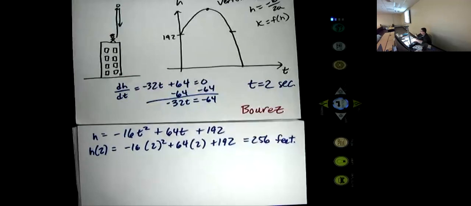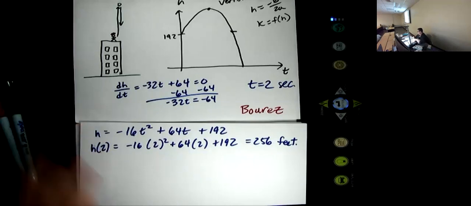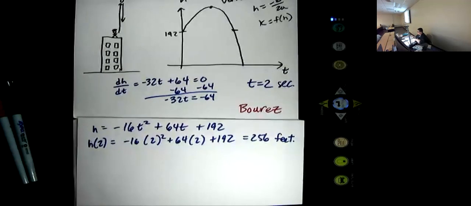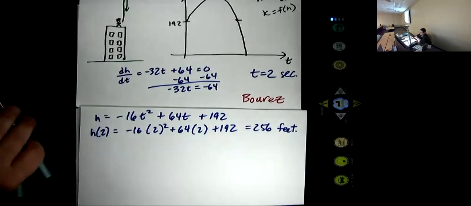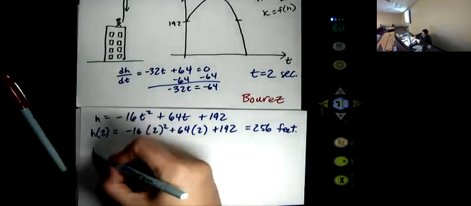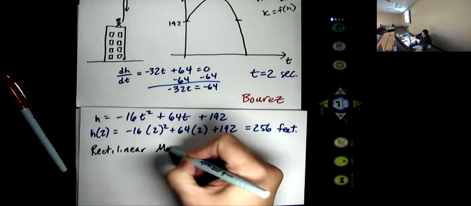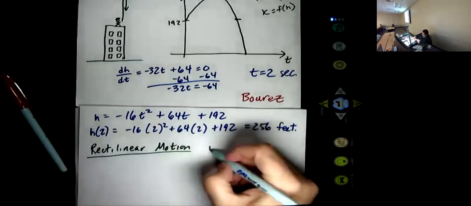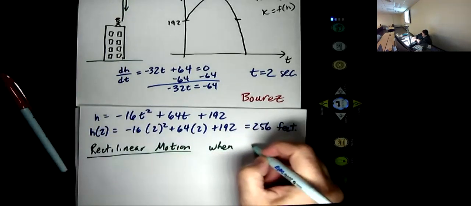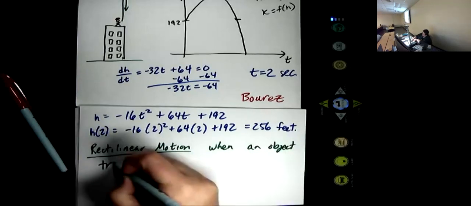Pretty straightforward, right? This is one of the first things we learned how to do when we had derivatives. Well, we didn't really apply it till later. We learned how to do the derivatives, but this was one of our first purposes for it. This is called rectilinear motion, when an object travels along a coordinate axis, travels along a straight line.